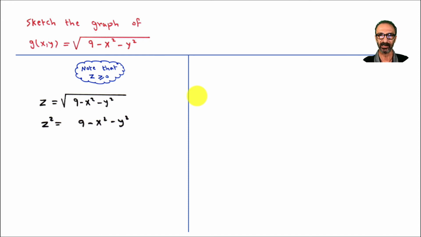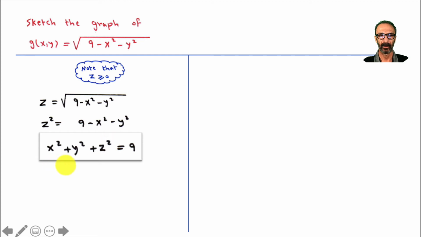Is it a box? Is it a square? Is it a parabola? Is it a plane? Is it a straight line? So by moving things around, as you could see, I have x squared plus y squared plus z squared equals 9. That's not a plane. It's not linear in x, y, z. It's a sphere with center 0, 0, 0, the origin, and radius of 3, because this is r squared.